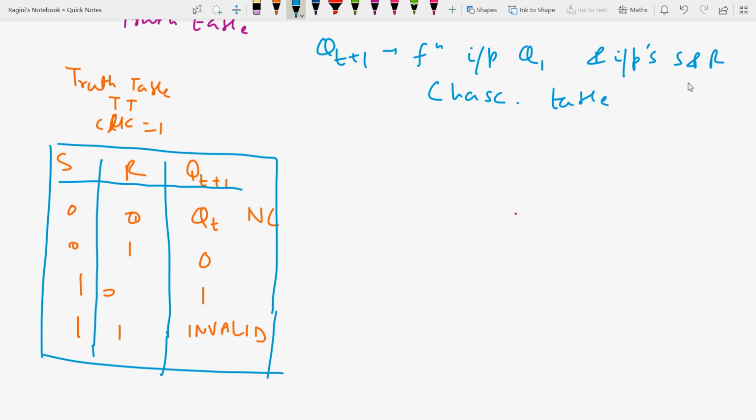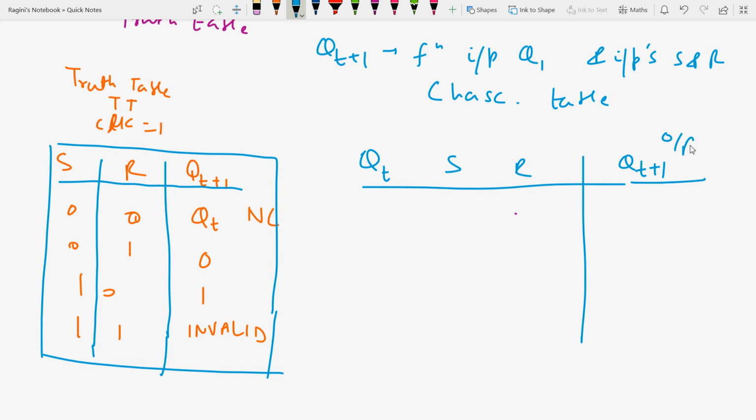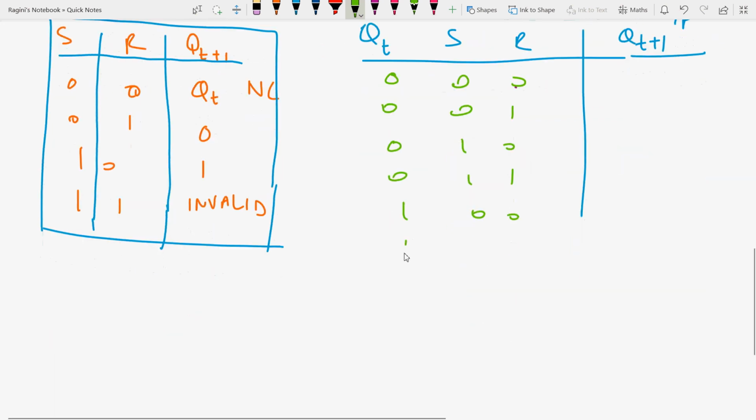You can write Qt, S and R as the inputs, and Qt plus 1 as the output, in the characteristic table below. As we have three inputs, we can have 8 possible combinations: 0, 1, 2, 3, 4, 5, 6 and 7.